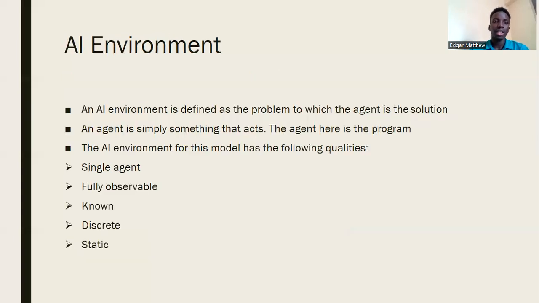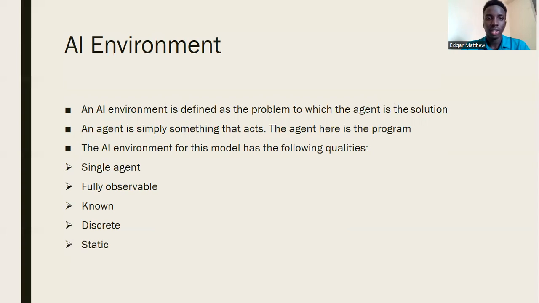So an environment is basically a problem to which the agent is a solution. The environment is the space or the area within which the agent works. But because the environment is the one from which the agent perceives and to which the agent is supposed to react or act, it poses as a problem to the AI program.